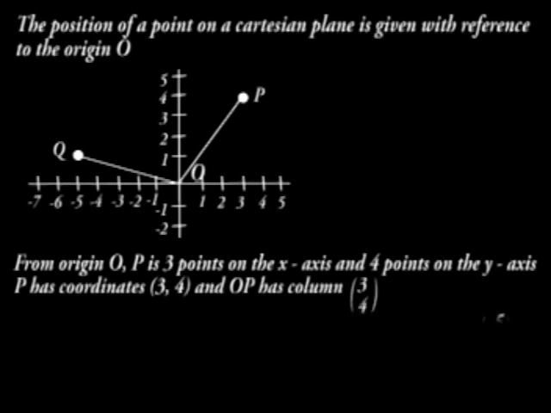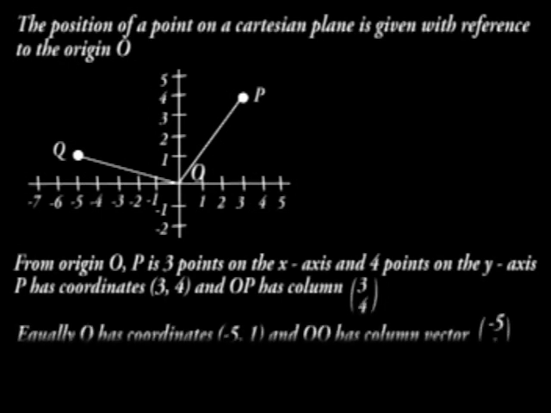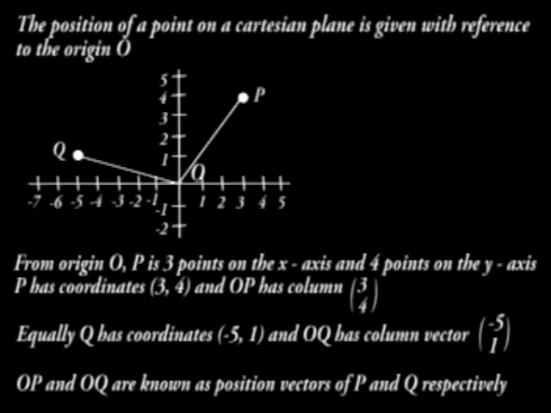P has coordinates (3, 4), and OP has column vector (3, 4). Equally, Q has coordinates (-5, 1), and OQ has column vector (-5, 1). OP and OQ are known as position vectors of P and Q respectively.